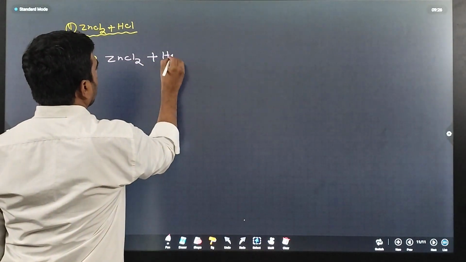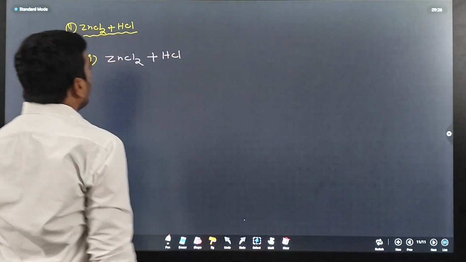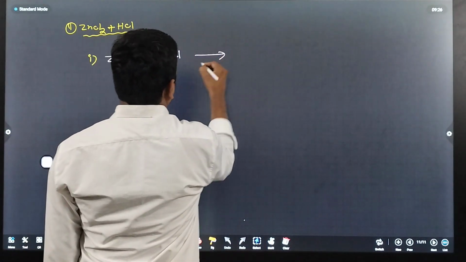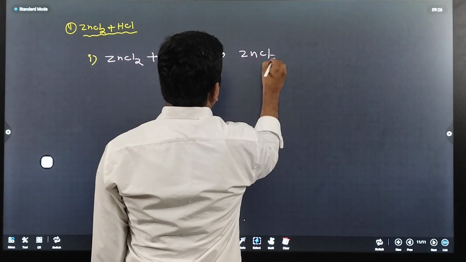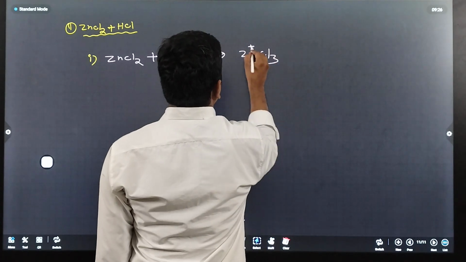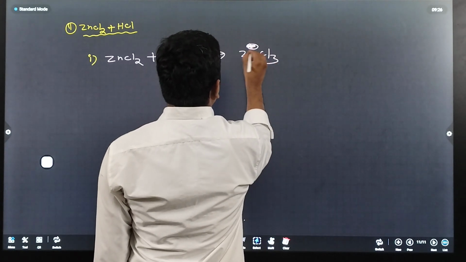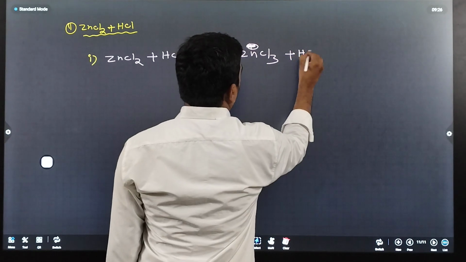So here HCl, the Lewis acid can accept the Cl minus, giving ZnCl3 minus and H plus.